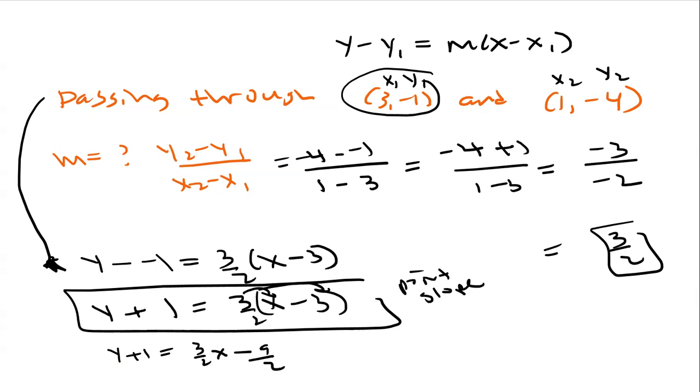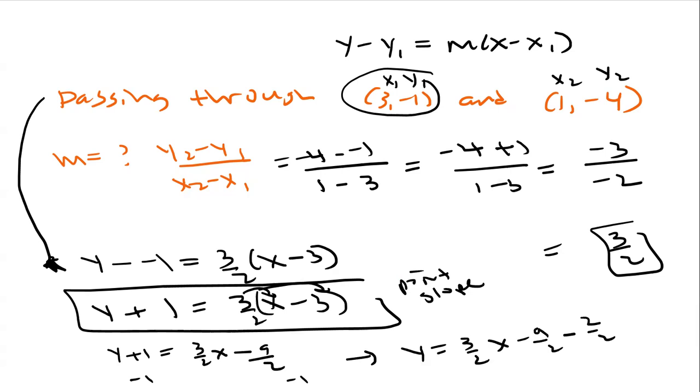Okay, and we're trying to solve it for slope-intercept. So in this case, we'll subtract 1 on both sides. So we have y is equal to 3 halves x. And then that'll be what? Minus 9 halves minus 2 over 2.